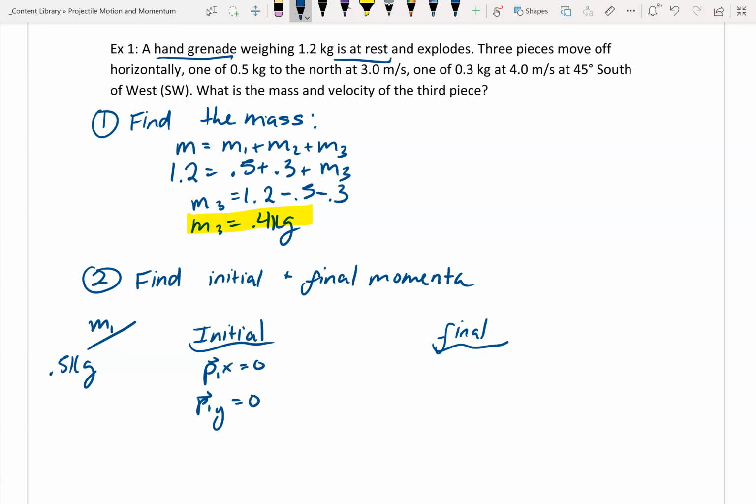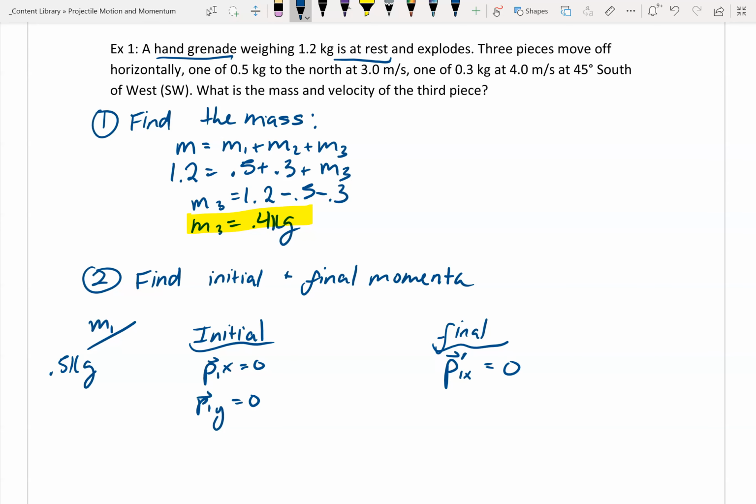So I'm going to indicate our first mass as P1x because this is the first mass out of 3. Then it says this mass of 0.5 kilograms moves north at 3 meters per second. We don't have a horizontal direction, so I'm going to say that's 0.